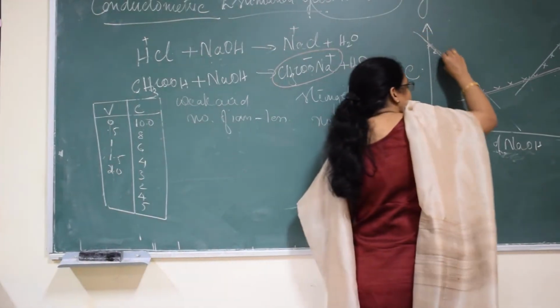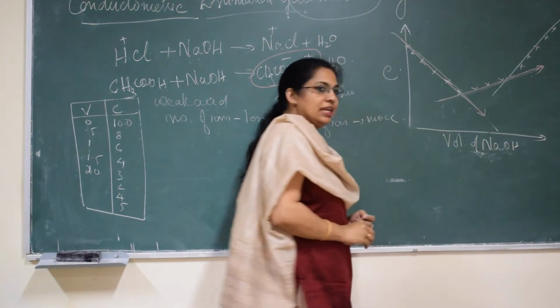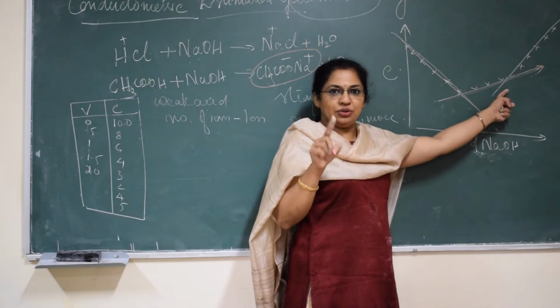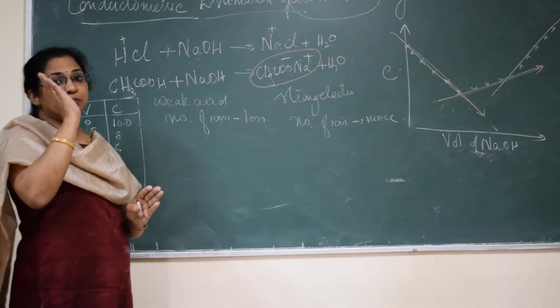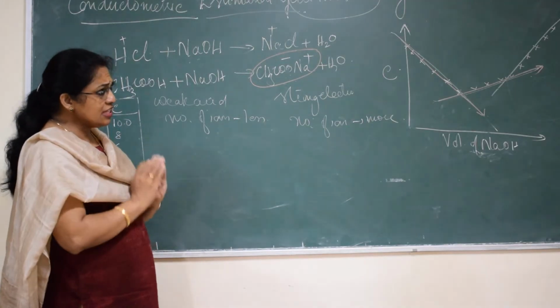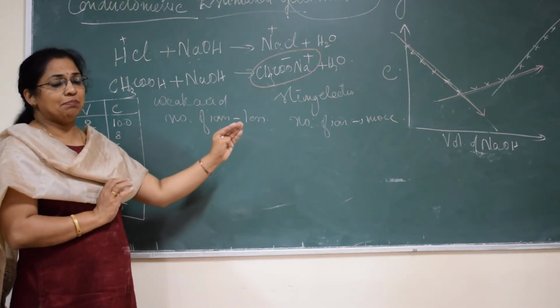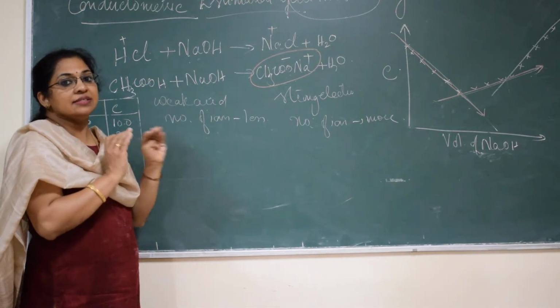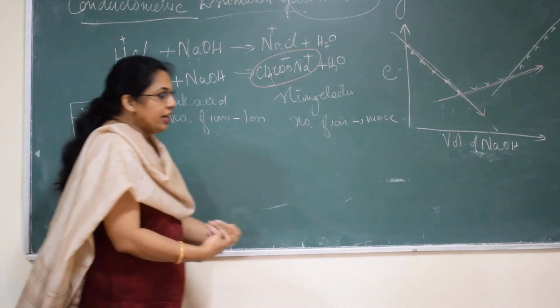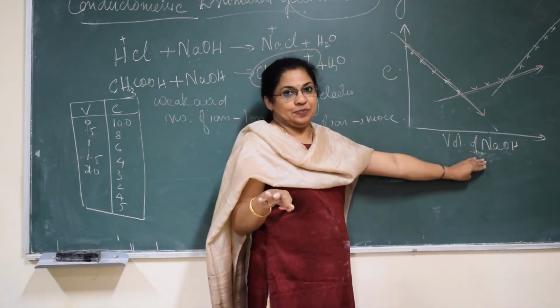So the first line represents neutralization of hydrochloric acid, the second line represents the neutralization of acetic acid. Now what happens again? Why is there a sharp increase? That's because the small rise will happen as long as acetic acid is present. Once the complete acetic acid gets over, whatever sodium hydroxide we are adding is in excess.